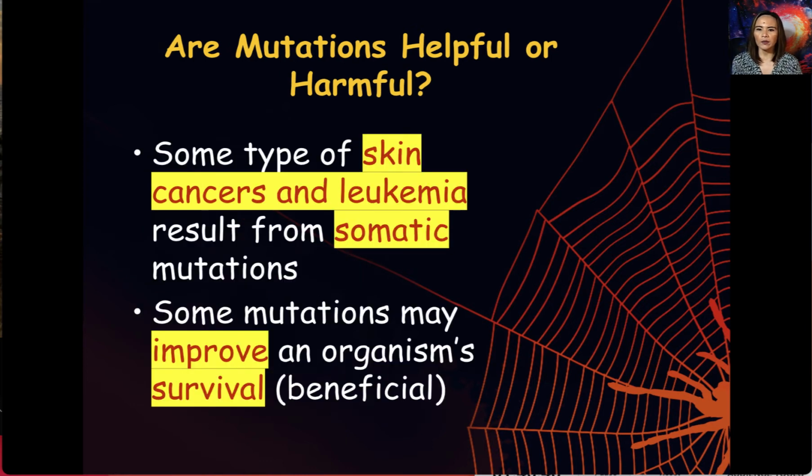Some types of skin cancer, for example, and leukemia, are a result of somatic mutations, or body cell mutations. And some mutations may improve organisms' survival, which is beneficial for the organisms. Otherwise, they may harm the organism.